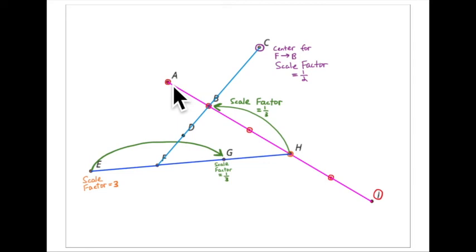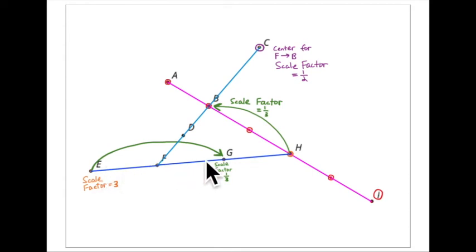Describe a dilation that uses a labeled point as its center of dilation and would take F to H. So I have to find a point that's the center of dilation that would take F to H. Well, that could be E, and H would be 3 times as far.